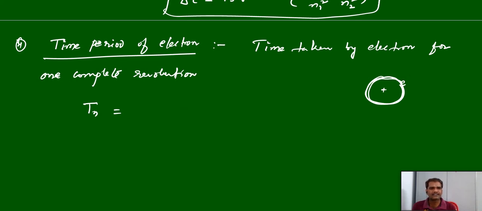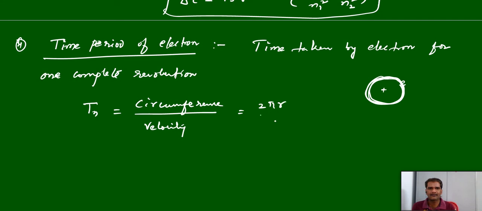Here distance for the electron is the circumference of the circle. So the time period we can take as circumference by velocity. What is the circumference? 2 pi r, and velocity is v.